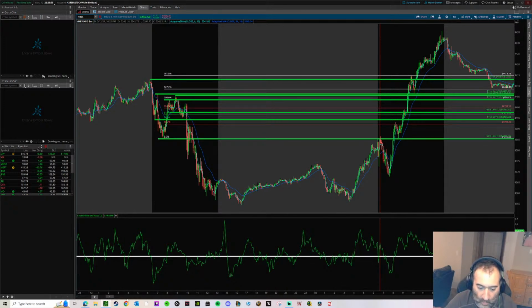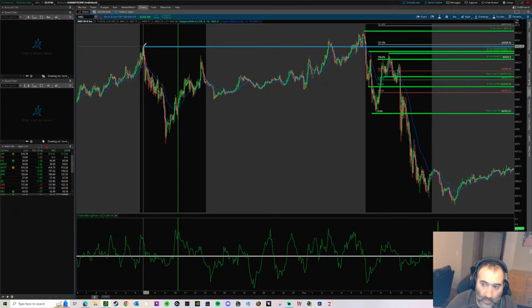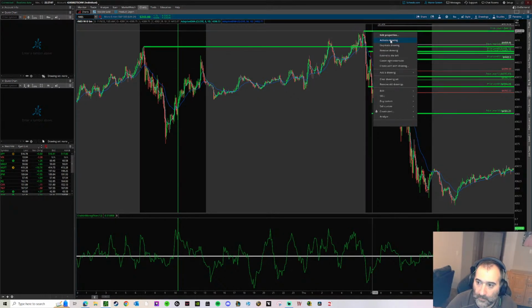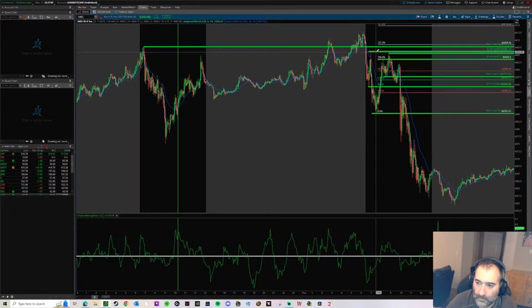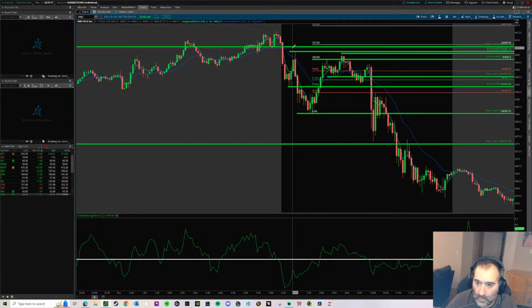So let's see here, where were our previous levels at? So high of the day and low of the day, right? So it's the high and the low on here. So down, down, didn't clear, push down, pulled up.